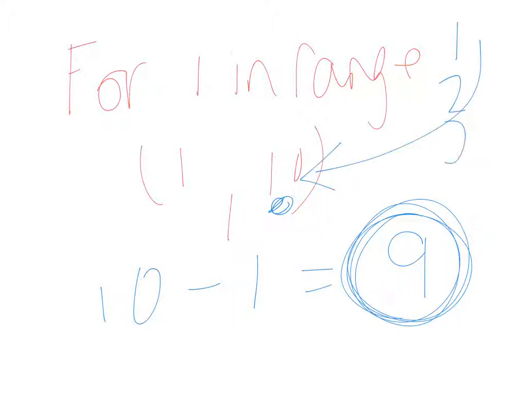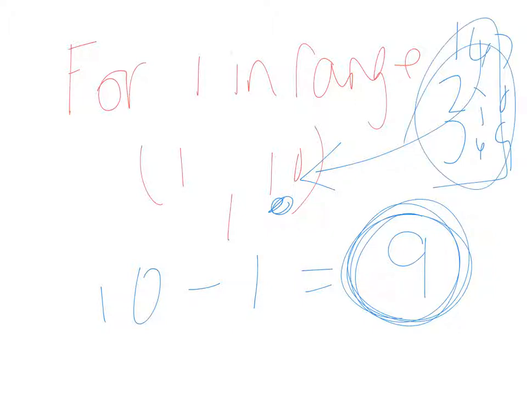So we'll have 1, 2, 3, 4, 5, 6, 7, 8 and 9 as the possible different numbers that could be output. But then we have a conditional that says if i is less than 3 or bigger than 7, then we print out i. So you need to work out in which situations that conditional is met to print out the i.